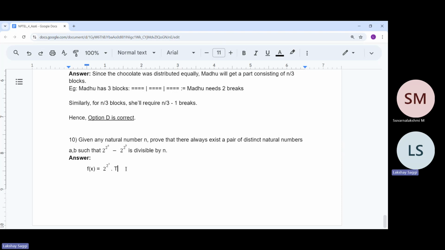So now what we need to show is that there exist distinct a, b such that f of a minus f of b is divisible by n. f of a is the number 2 to the power 2 to the power a, f of b is the number 2 to the power 2 to the power b, and their difference is what we need to show is divisible by n.